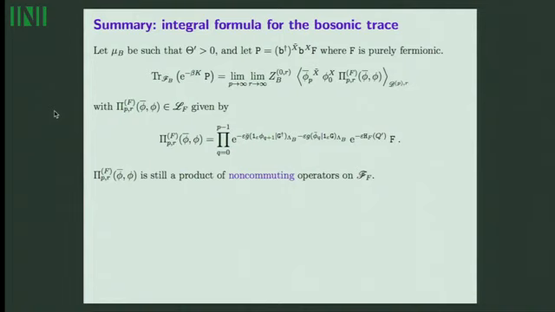And so it all looks very nice. The point about this product is that these are still non-commuting operators because the interaction term doesn't commute with the fermionic kinetic term, of course. So we still are in a non-commutative setting.